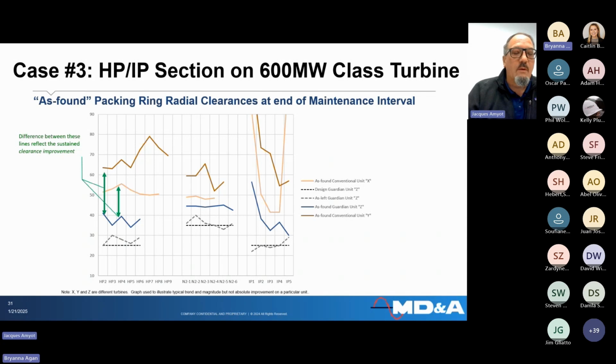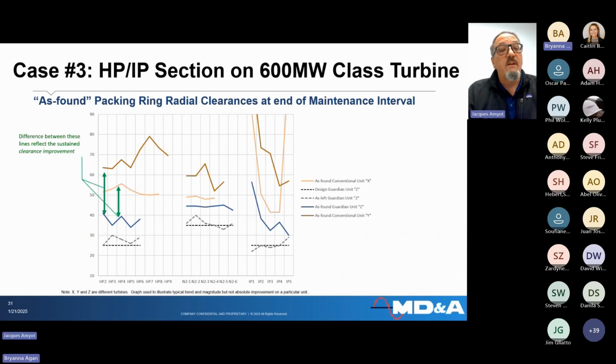Then the turbine operates for a period of time, and then it's opened up after an outage. The blue line is indicative of how the Guardian seals would look after, say, a 10-year operational interval. Guardian seals, unfortunately, don't have zero wear. However, they are much more resistant to wear than the OEM seal designs.